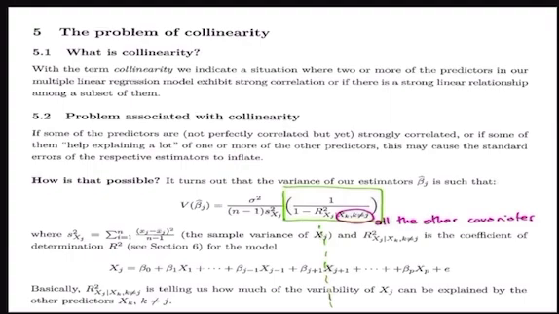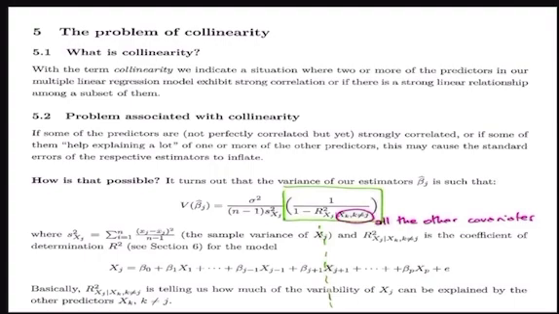Imagine you are building a model on body mass index, BMI, and you are using height and weight as your explanatory variables. Height and weight are expected to give the same information about body mass index.